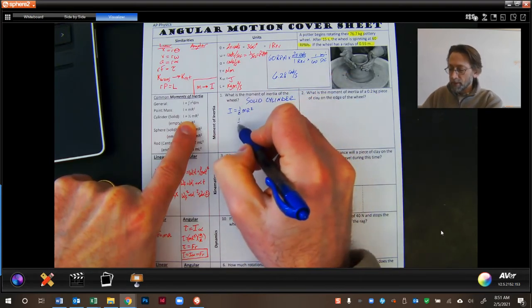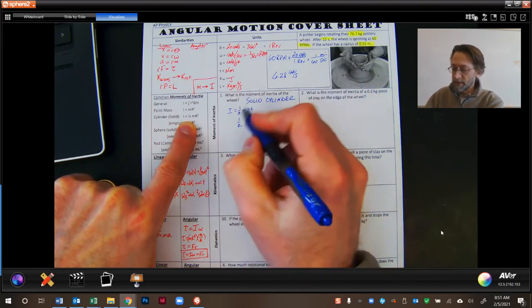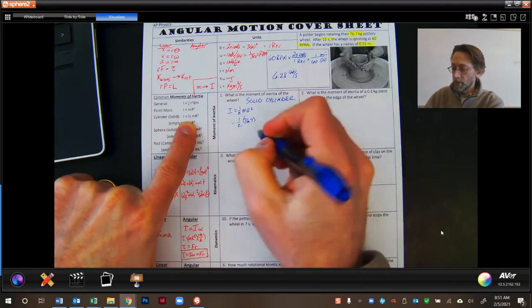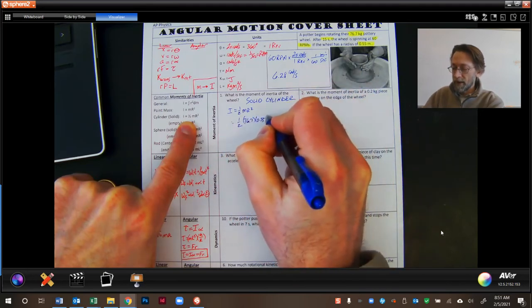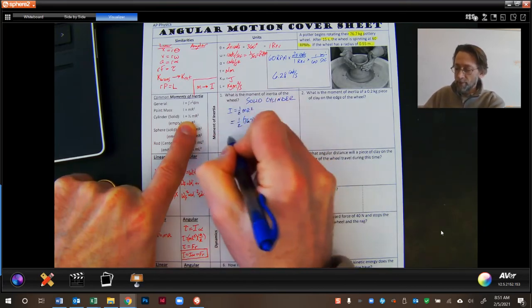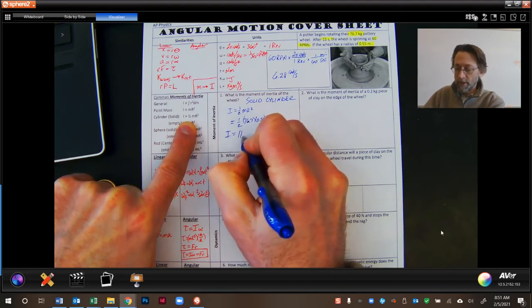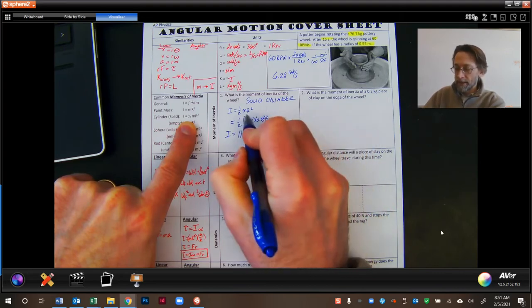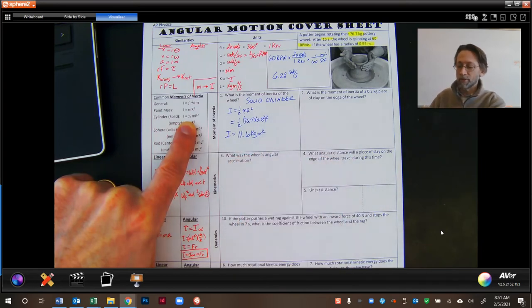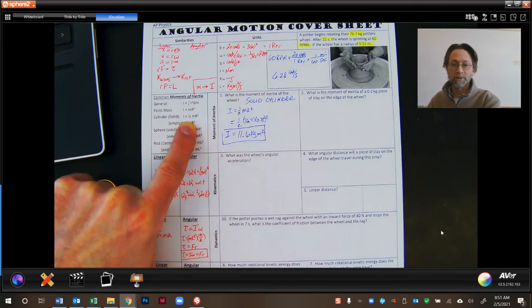So I'm going to place in 1/2, I know the mass of the wheel is 76.7, and I'm given the radius of the wheel is 0.55, and don't forget to square that. When we put that in our calculator, we end up with a value of 11.6 kilogram meters squared, which is my inertia value there.